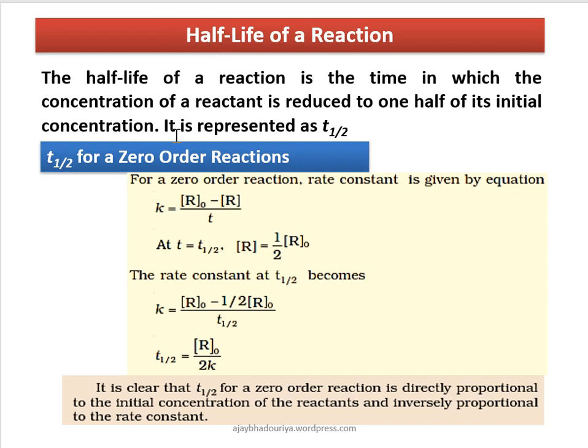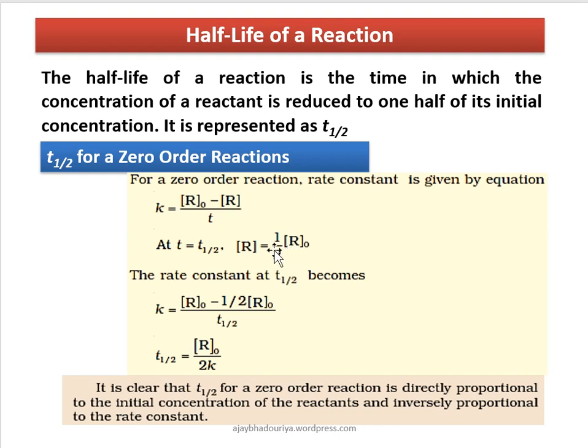T half for a zero order reaction. For zero order reaction, K is equal to R0 minus R upon T. That is the formula for the zero order reaction. If T is equal to T half, it means R will become R0 upon 2, because the initial concentration is R0 and half of the initial concentration dissociates.